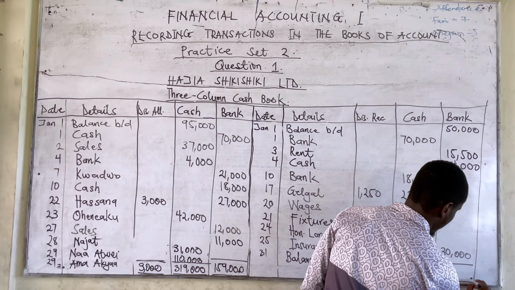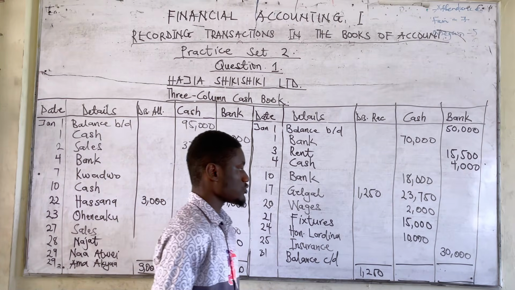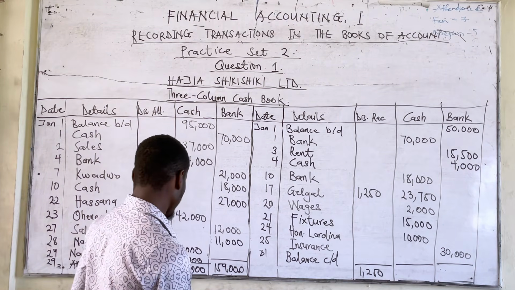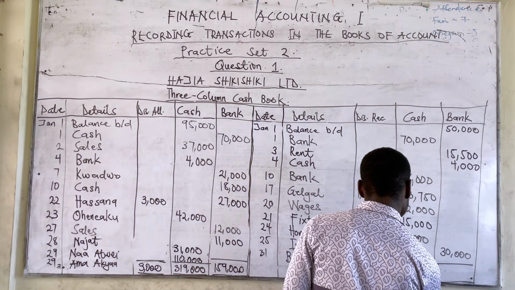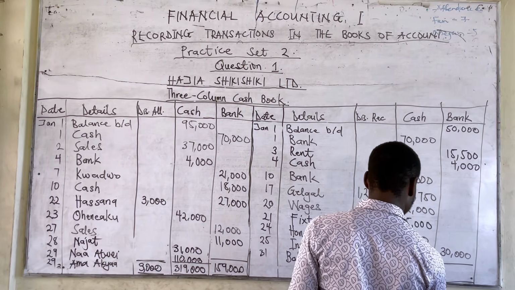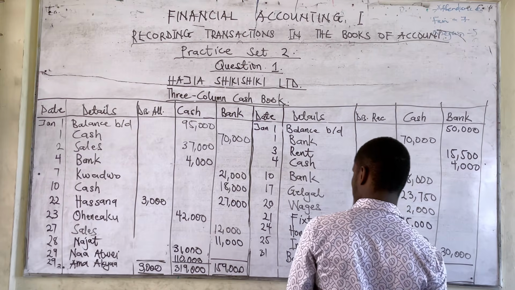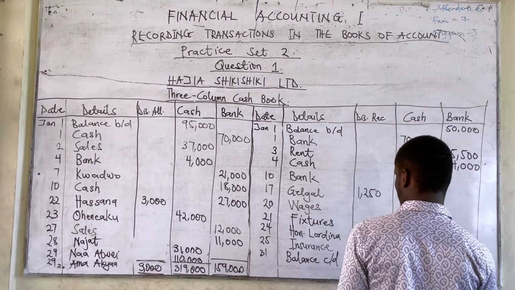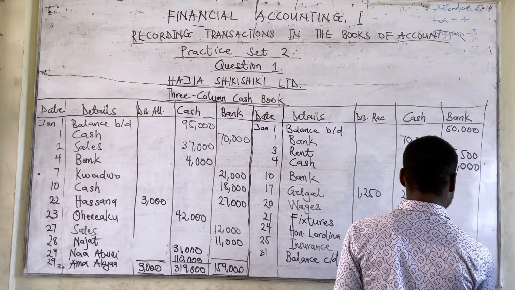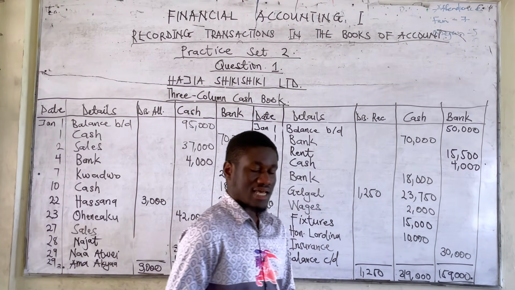Okay, so we are going to repeat both the totals at both sides, 319,000 and 159,000. So how do we get our balance sheet?